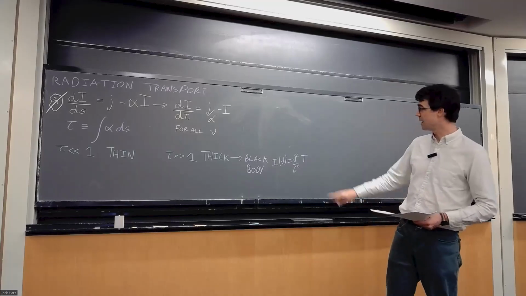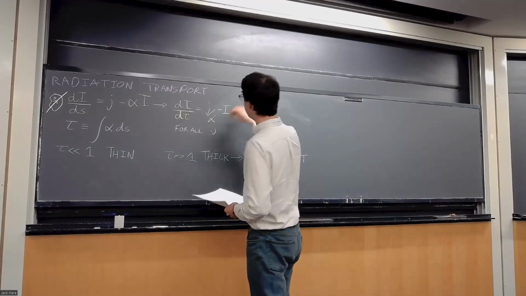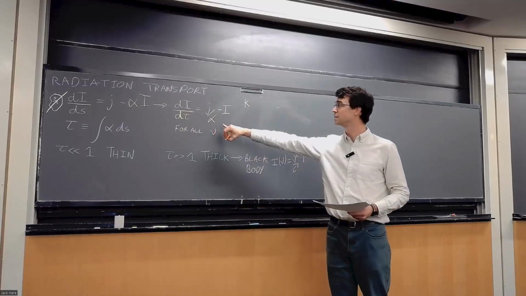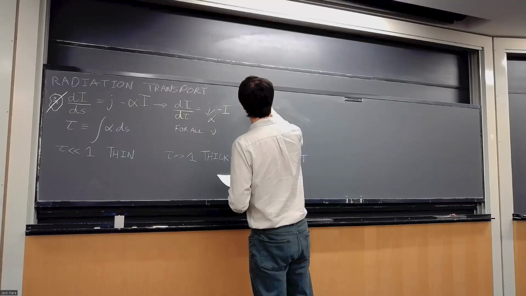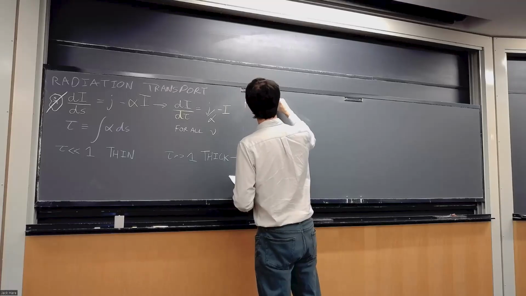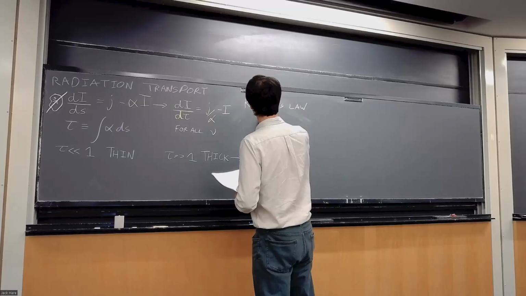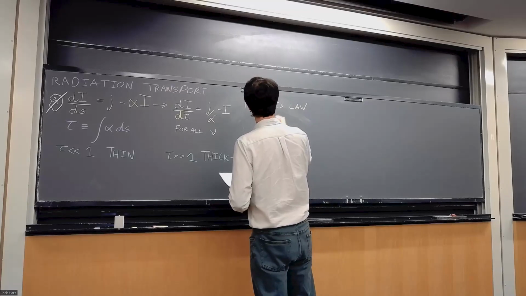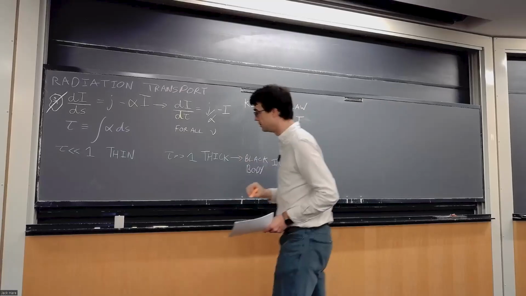And the neat thing about that is we found that there was a correspondence between this equation here in the optically thick limit and the black body equation, which is Kirchhoff's law. And Kirchhoff's law lets us set the emissivity over the opacity equal to the frequency squared over the speed of light squared times the temperature.